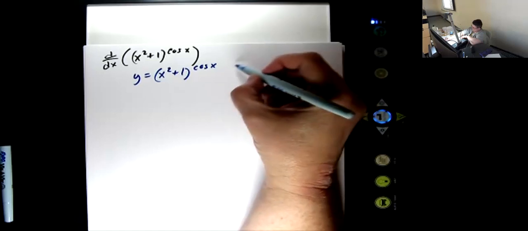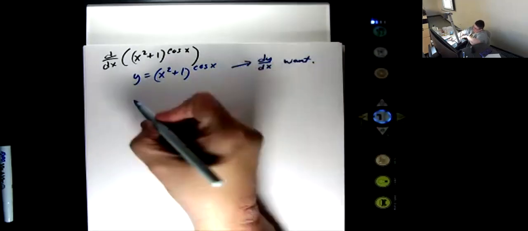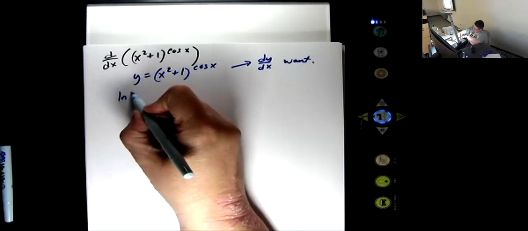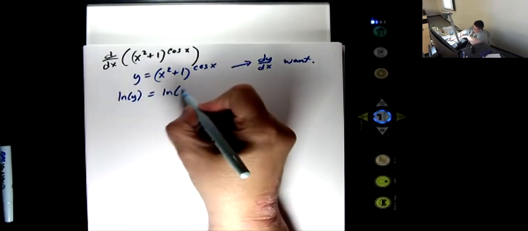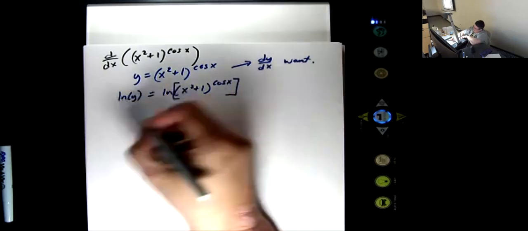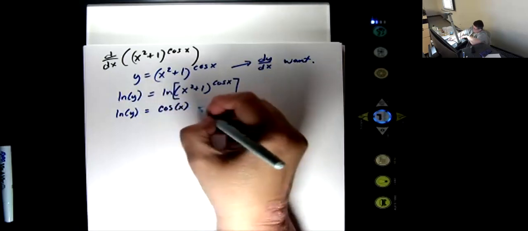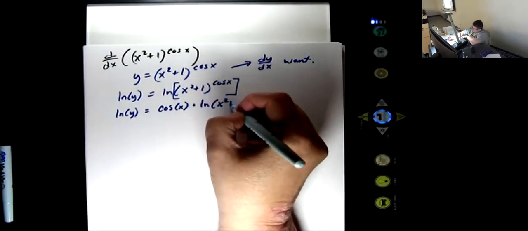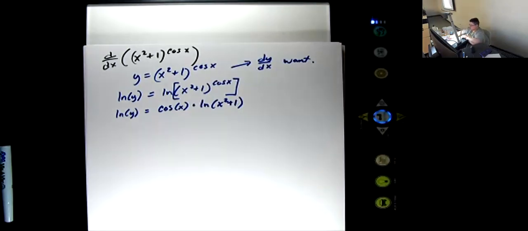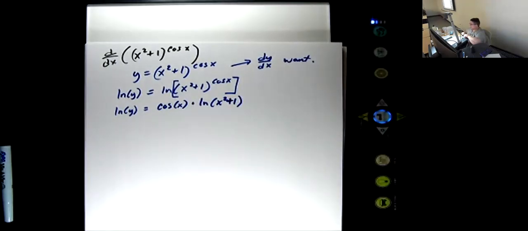So now I'm looking for dy dx. That's what I want. So I'm going to take the natural log of both sides. And then I will bring that exponent down out in front. And let me pause and let you guys finish from here.